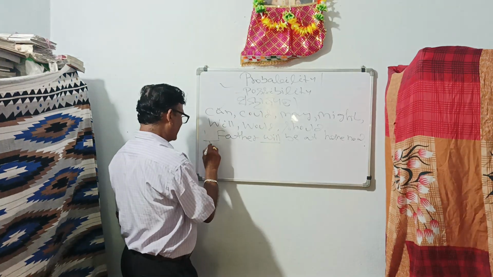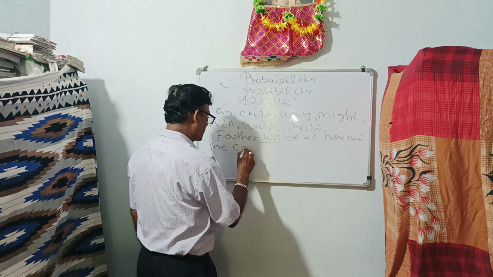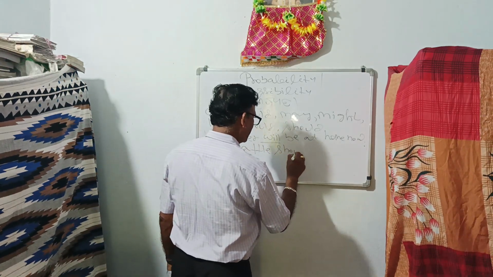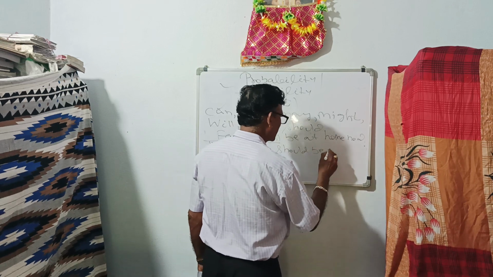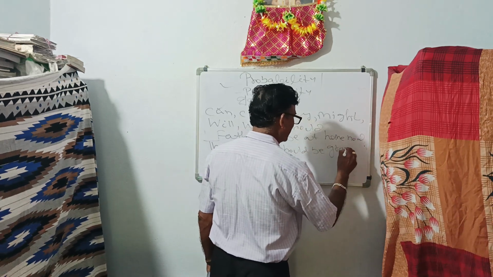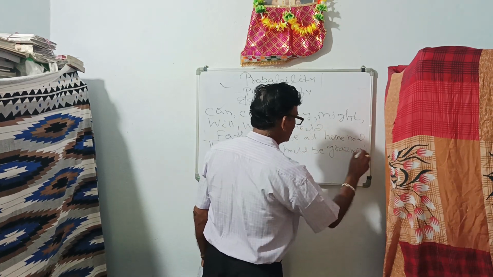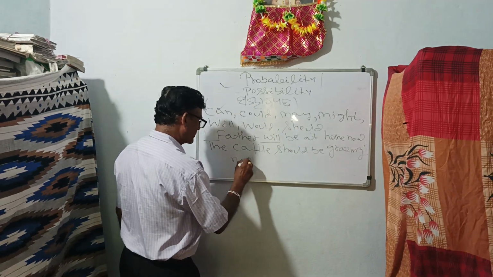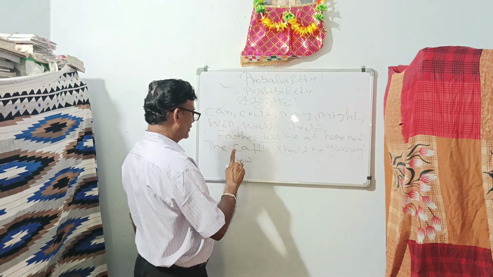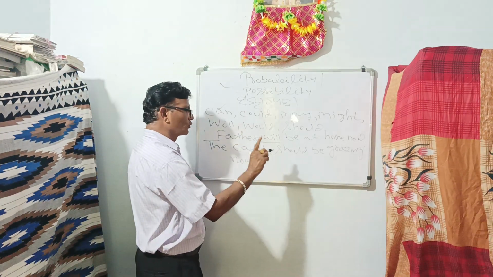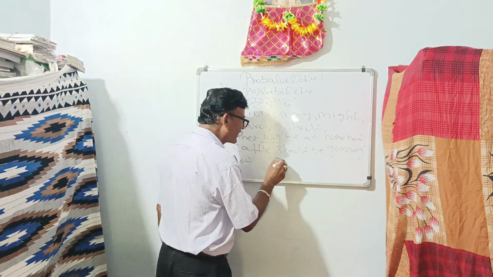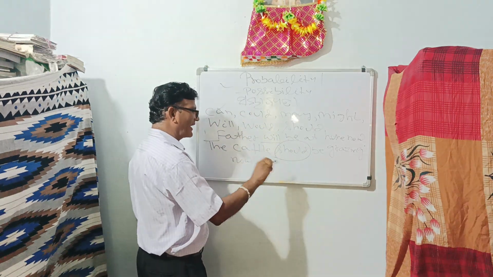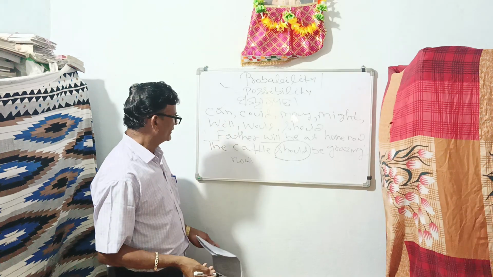Should is also a modal auxiliary verb which is used to express possibility. The cattle should be grazing now. So should is a modal auxiliary verb which is used to express probability.